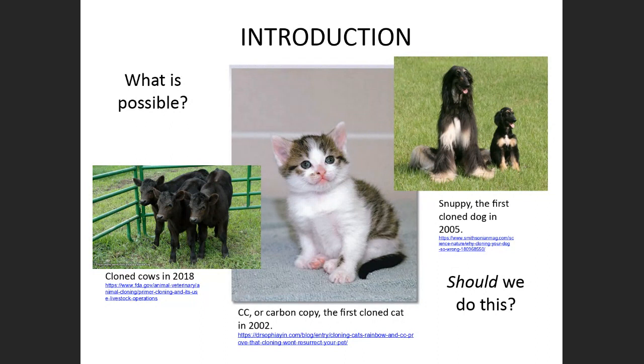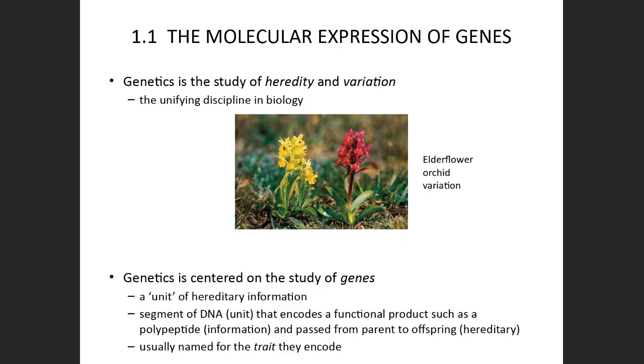And things about DNA is just a molecule and we can manipulate it as we need to. Well, now we're going to get into not really DNA as the molecule, but more of DNA as the unit of heredity and variation, as we mentioned. So let's get back into that area.